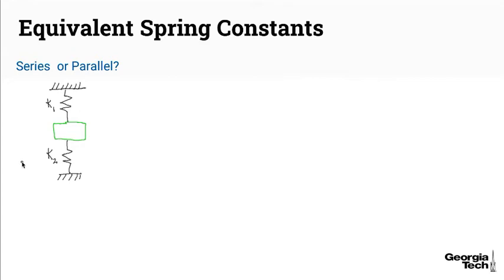Okay, let's take this system now and let's go ahead and give this block a deflection down of delta. Okay, and so if we do that and I redraw my block, we see that the left spring will now be in tension.